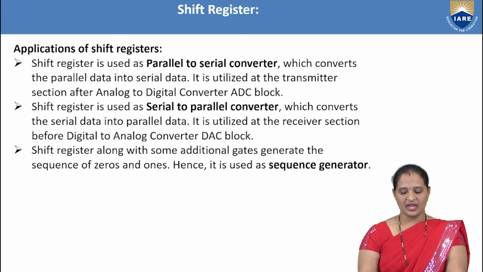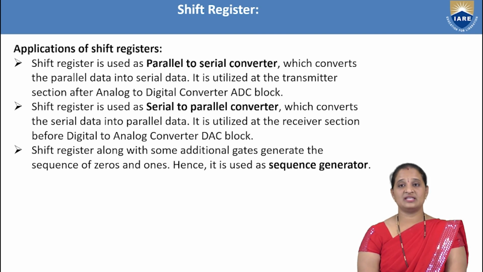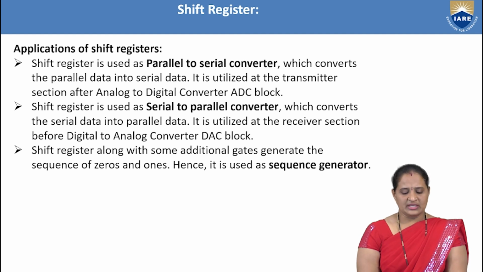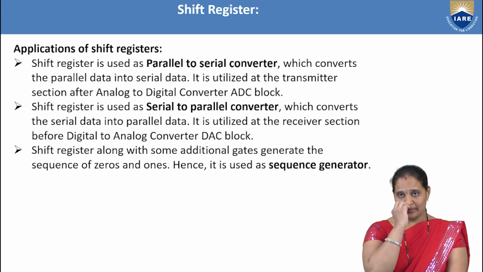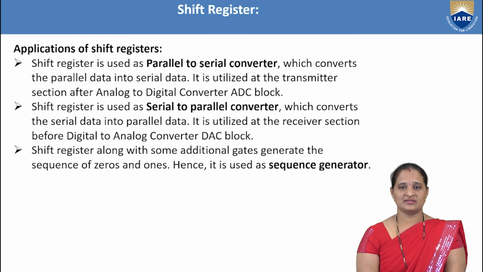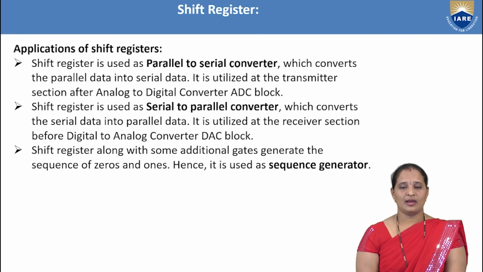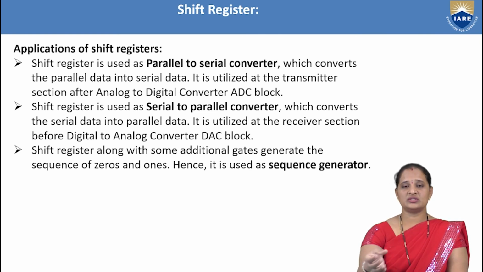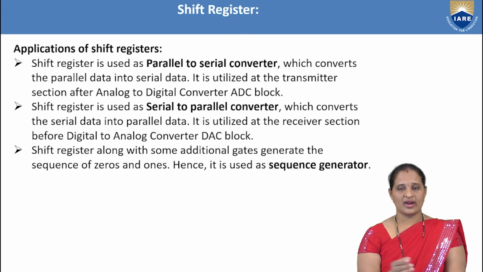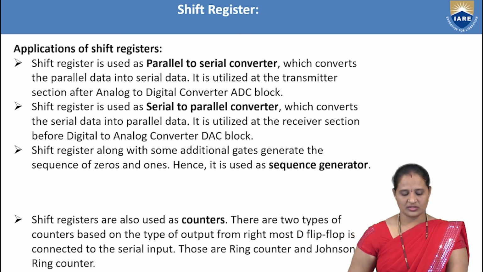Similarly, we can find one more application of a shift register, that is the sequence generator. So what is this? Shift register along with some additional gates generates the sequence of zeros and ones, which we can use for generating any required sequence, and hence we find the application of shift register in sequence generator also.